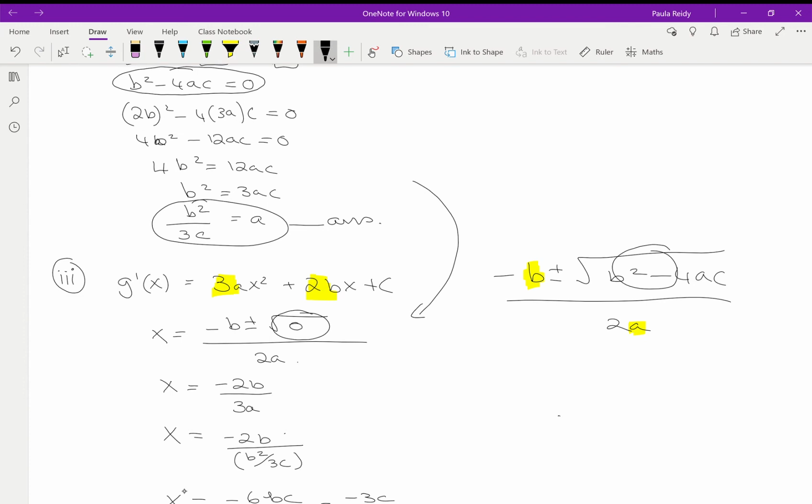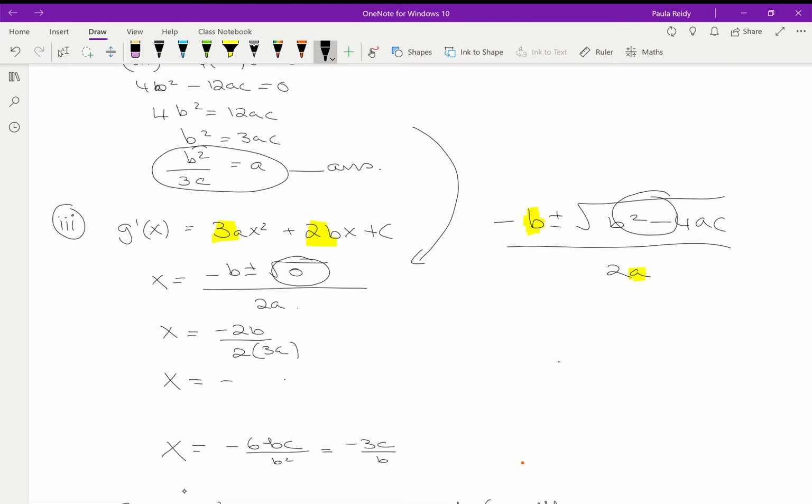So I go minus 2b over 3a twice a, which is 6a, which of course then gives me minus b over 3a. Now, this question said in terms of b, c and d, so we can't use the a.